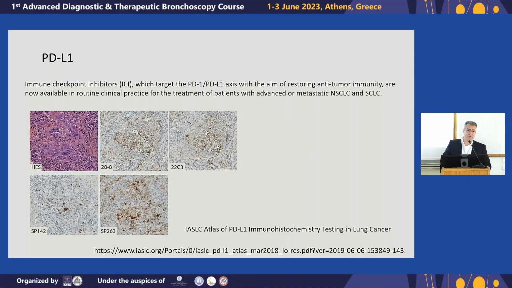We should be efficient because we also need, in many cases, PD-L1 testing. Immunotherapy, at least in Greece, has been introduced in the first level of treatment, and when we have this information, we can be more sure about our therapeutic response. So this is something that is done with immunohistochemistry, so we need to provide at least viable tissue to do this.